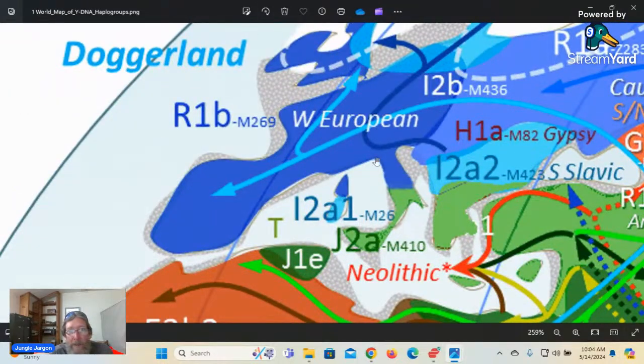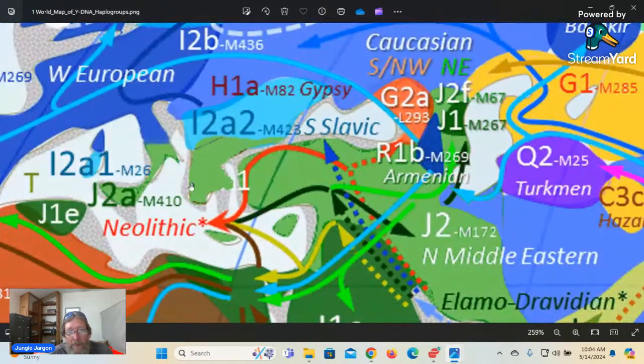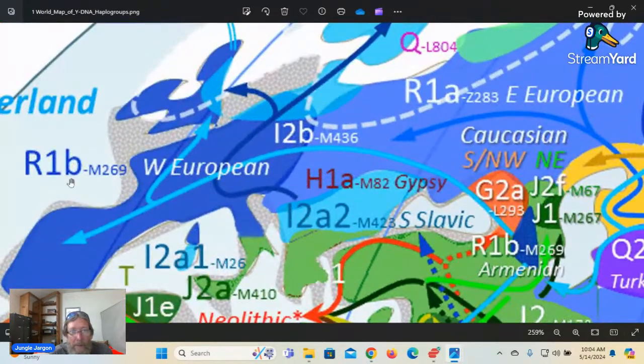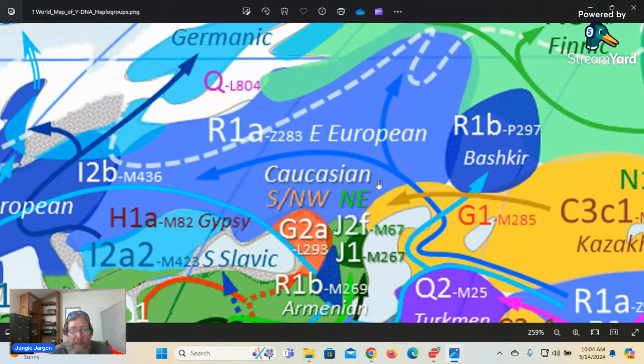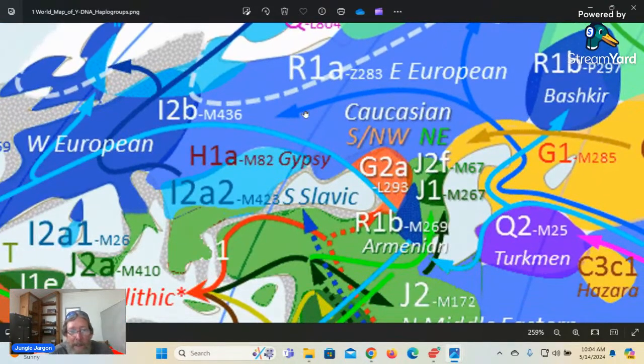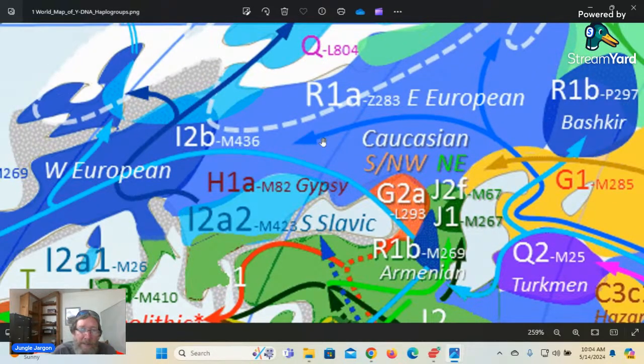So all this R1B is in Southern Europe, and of course, it's all throughout the area. But like I said, they're only showing the main ones in the area. But the R1B is Southern Europe, which is Riphath. We know Riphath, his descendants went to Southern Europe. We know that R1A is Ashkenaz because, of course, the Ashkenazi Jews are named after being in the land of Ashkenaz. They're Jews in the land of Ashkenaz, so they are called Ashkenazi Jews.